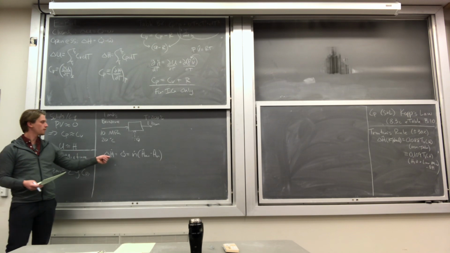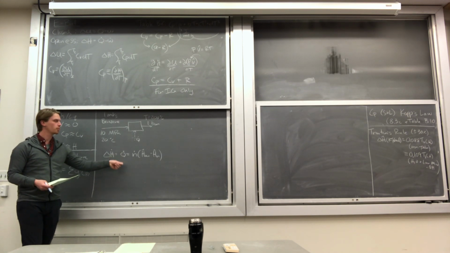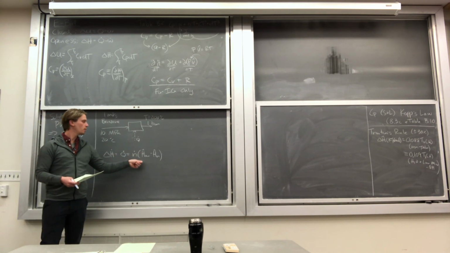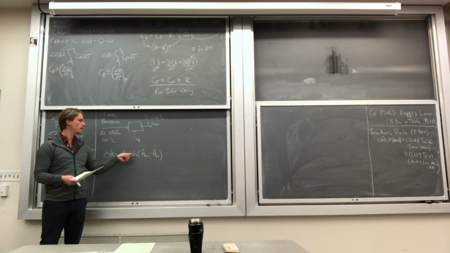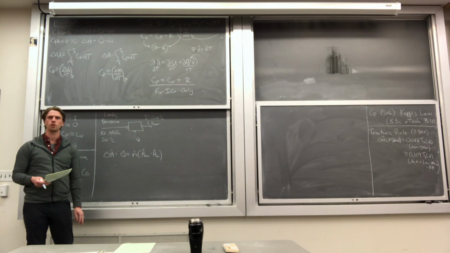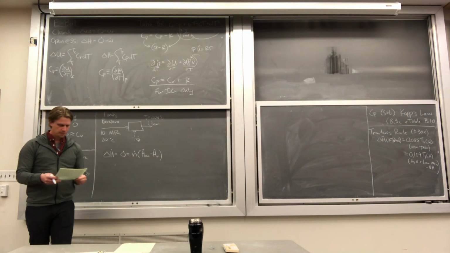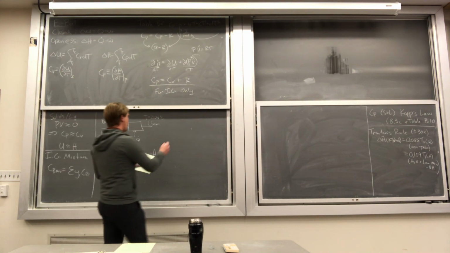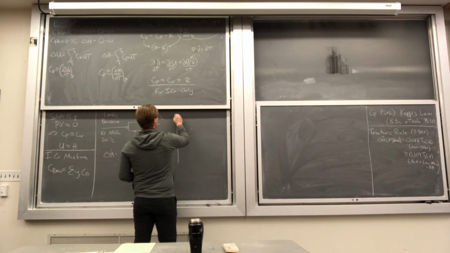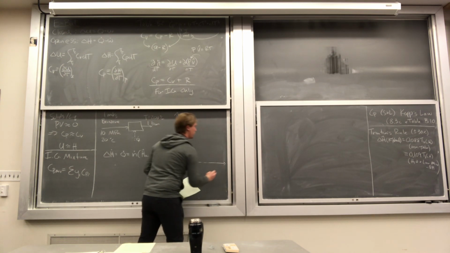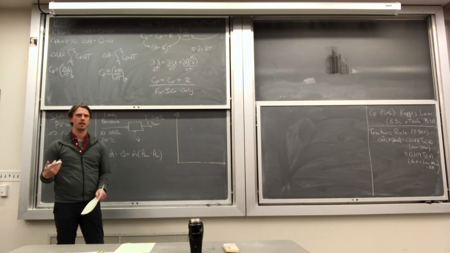So this could be in units of kilojoules per second, kilojoules per mole, multiplied by moles per second, kilojoules per second. Units are good. So the path that the fluid may take is not necessarily the path that we need to take.